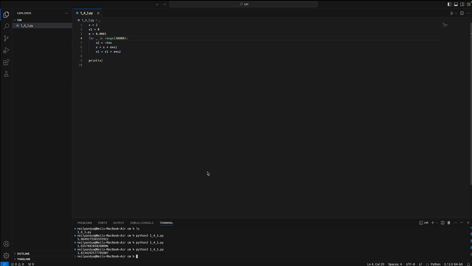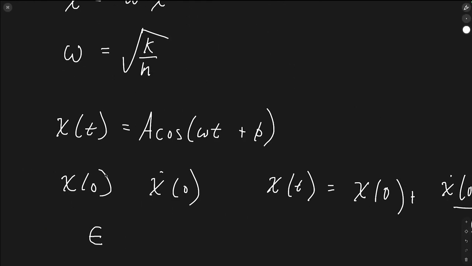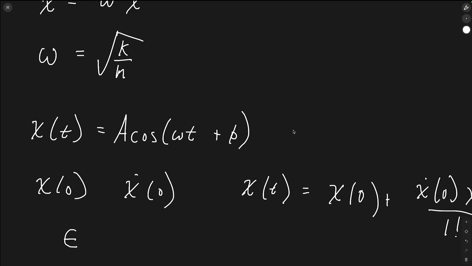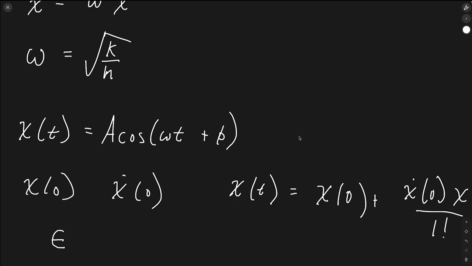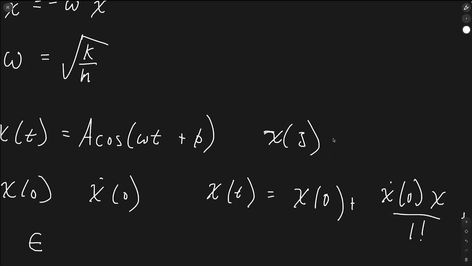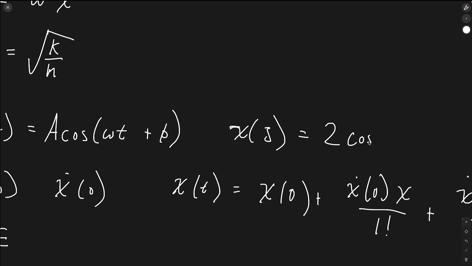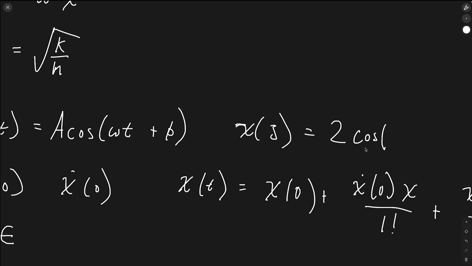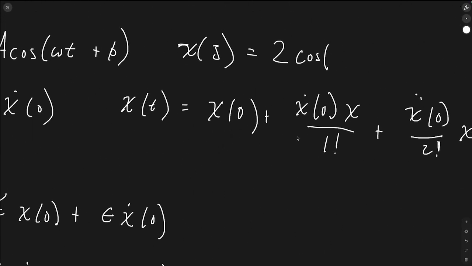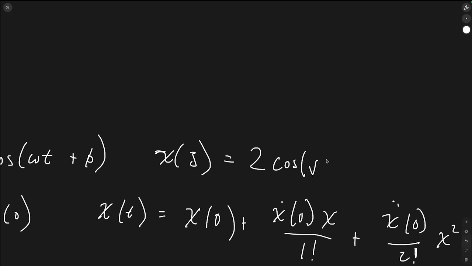So now, going back to our exact solution, the exact solution is this here, right? So our amplitude, in this case, our amplitude was 2, so I'll say x of 3 is going to be 2 times cosine of omega, which was square root of 5, and then t.